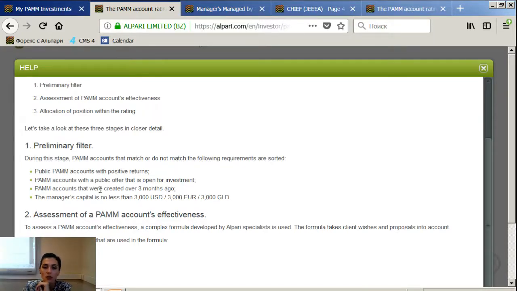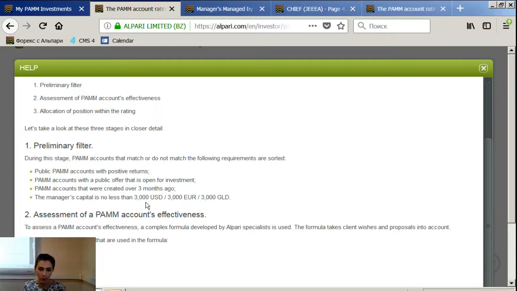PAMM accounts should be created over 3 months ago, and the manager's capital not less than $3,000, euro or GLD, not 300. 300 is at the beginning to open a PAMM account. This is enough, $300. But if the PAMM account manager wants to be in the first group of the PAMM account ratings, he should have the manager's capital not less than $3,000.